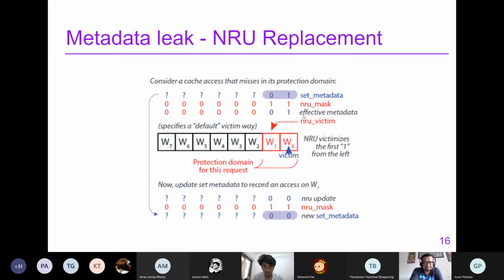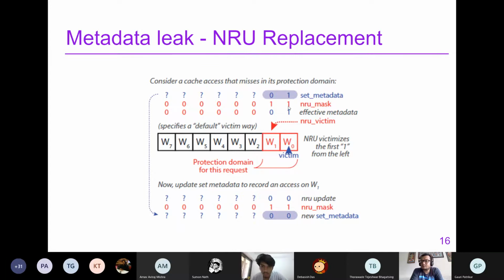So what we use is an NRU mask, which, when we have a 1-bit NRU, is the same as the policy fill mask, because the policy fill mask was basically which ways can be evicted.